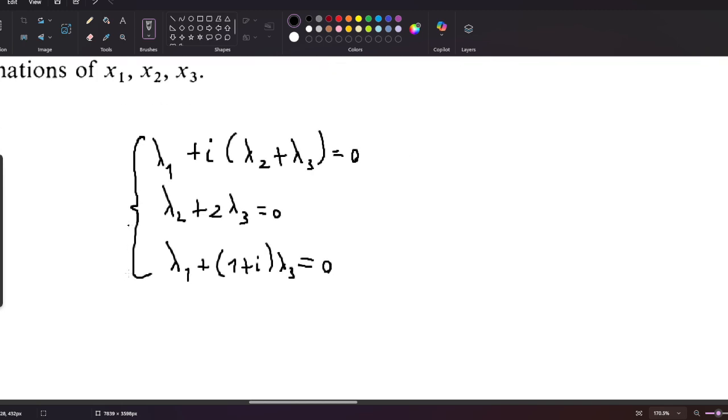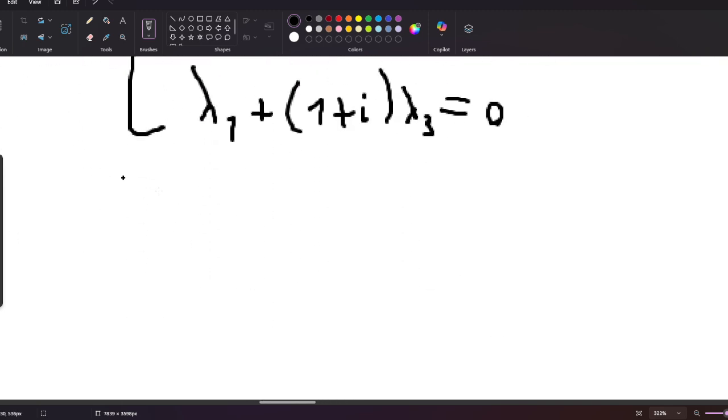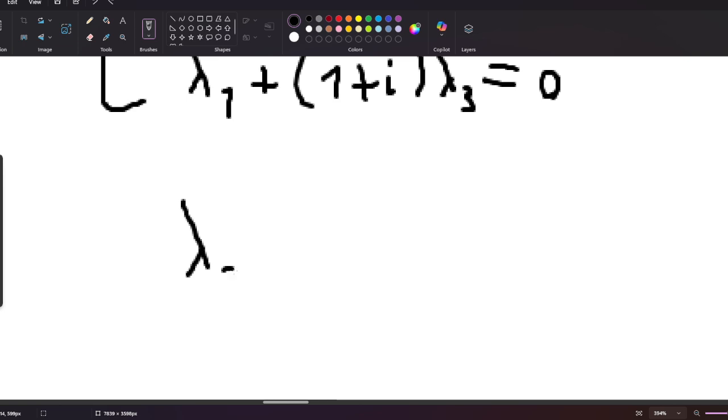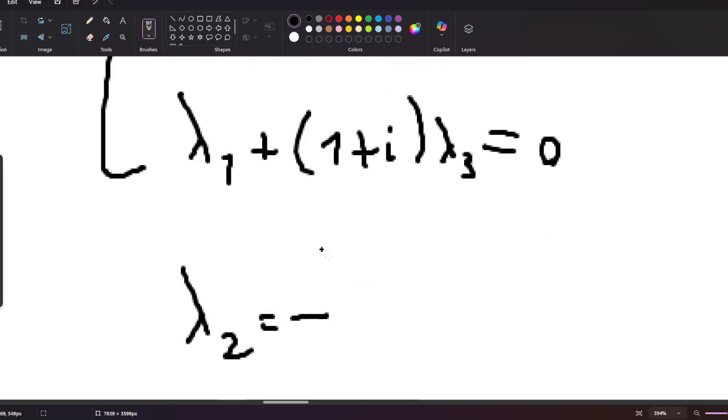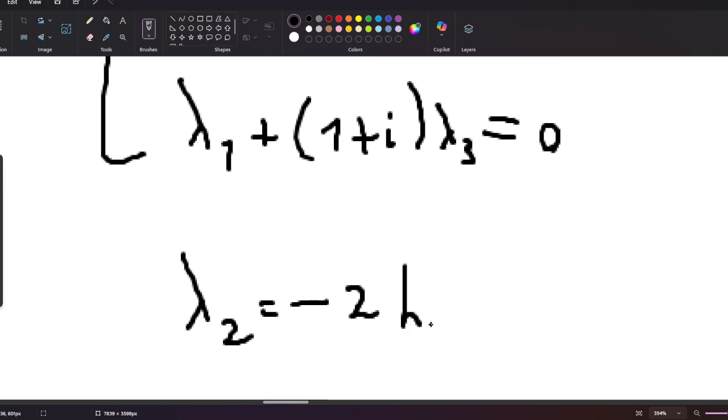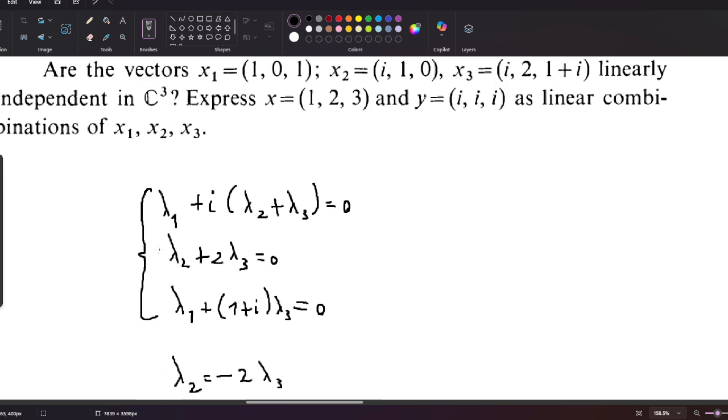Okay, now let's go one by one. First, let's express lambda 2 in terms of lambda 3. That's going to be negative 2 times lambda 3. Now we just need to repeat for the rest of the system.